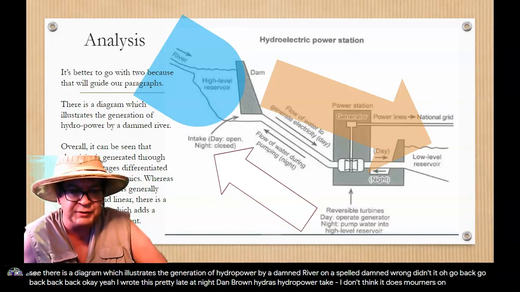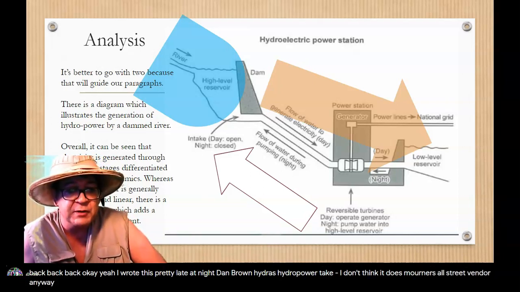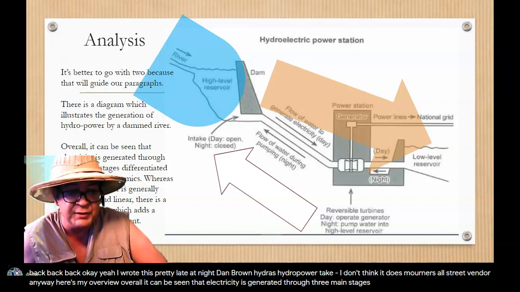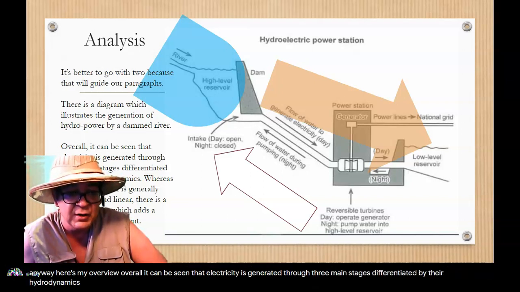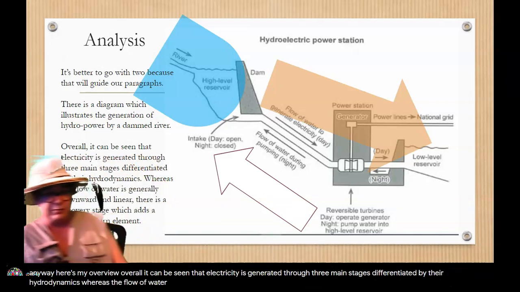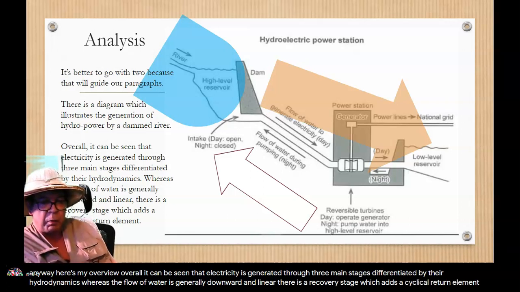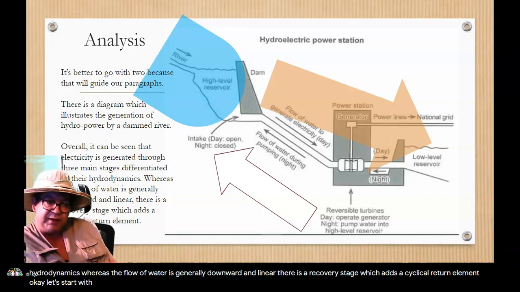Anyway, here's my overview. Overall, it can be seen that electricity is generated through 3 main stages, differentiated by their hydrodynamics. Whereas the flow of water is generally downward and linear, there is a recovery stage, which adds a cyclical return element.